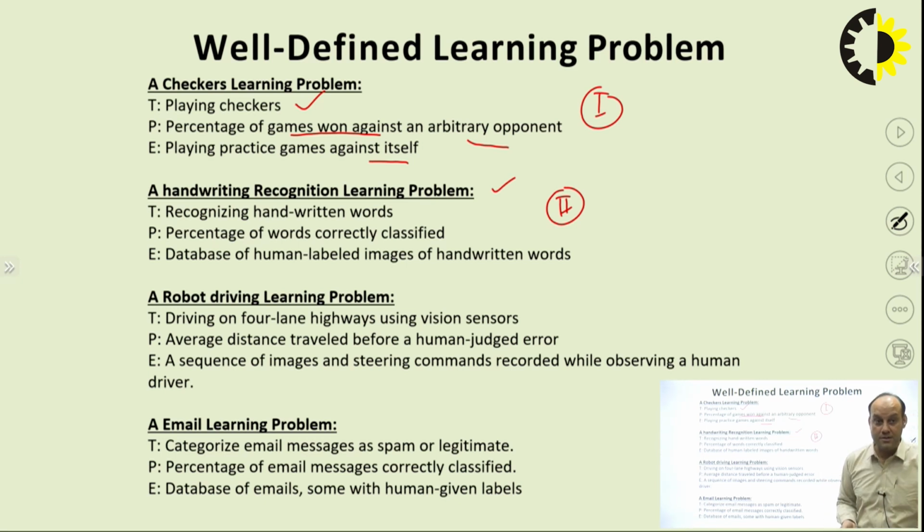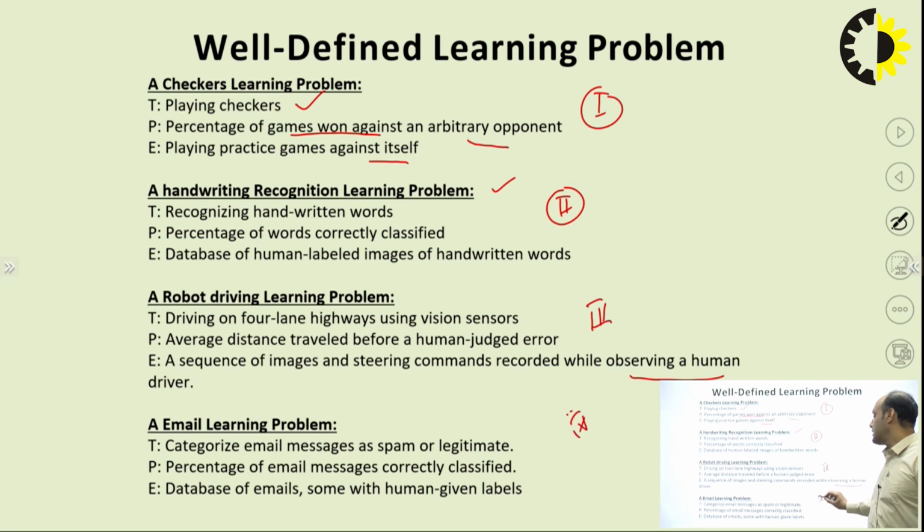What is the performance measure? It is how much distance was covered by the car without the driver. The performance is the average distance traveled before a human-judged error. And what is the experience? The experience is the sequence of images recorded by the camera while observing a human driver. Okay, this is the third example.